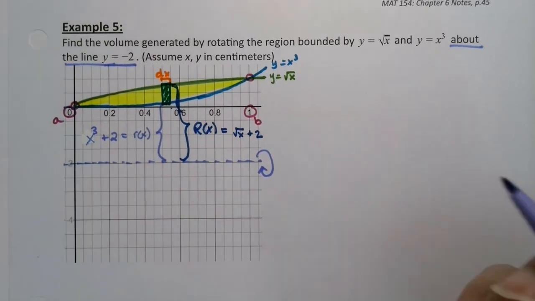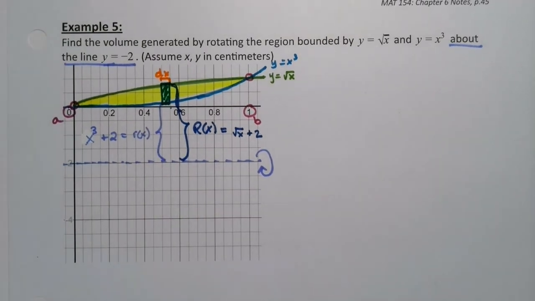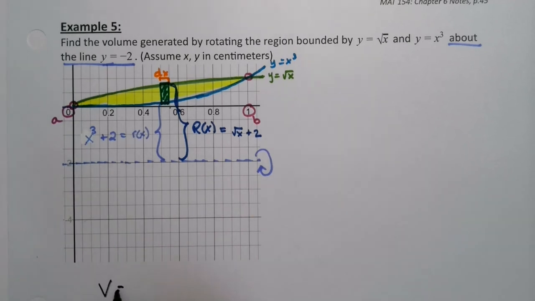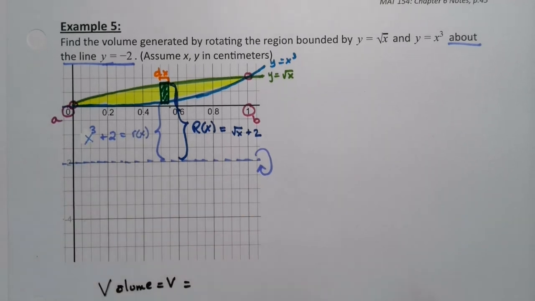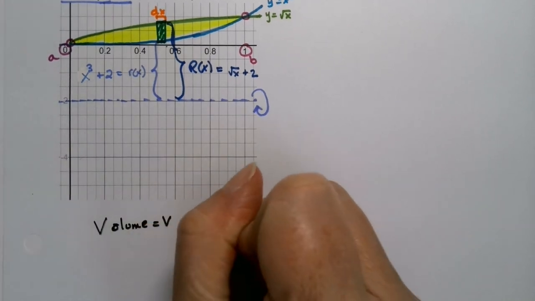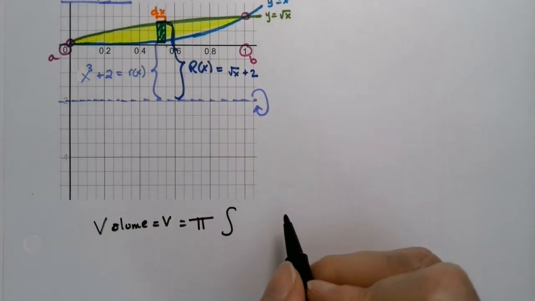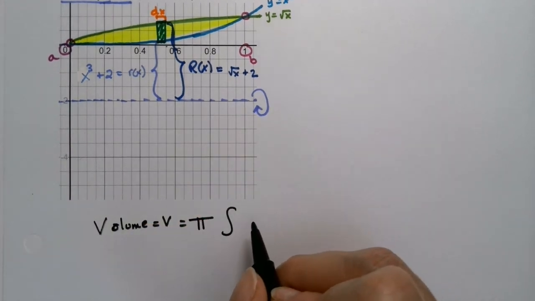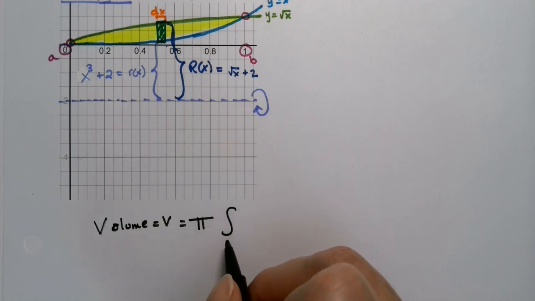All right, wonderful. So that means that I can find my volume. The volume is equal to pi times the integral. So remember what it is. It's capital R of x squared minus little r of x squared. That part hasn't changed.